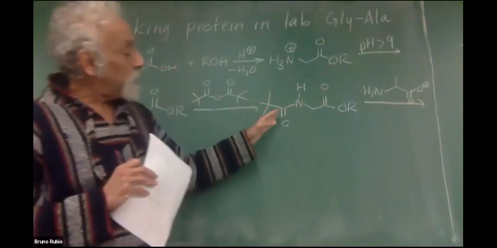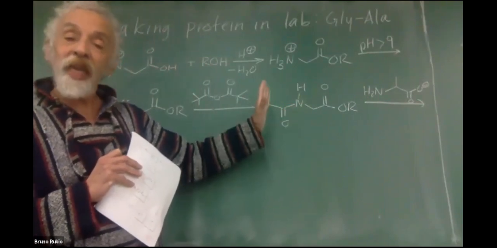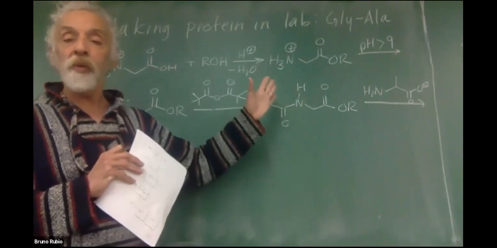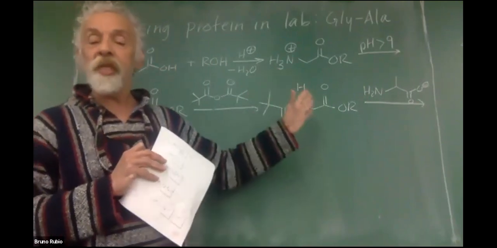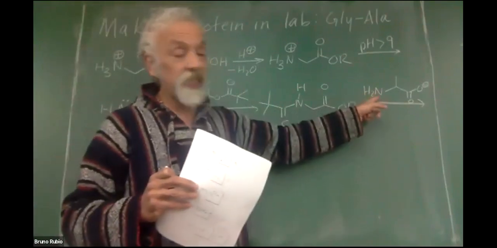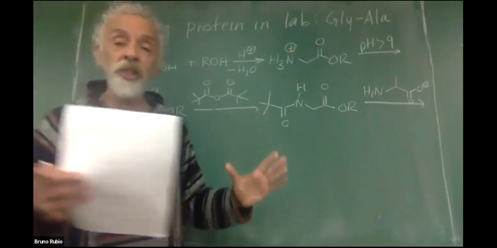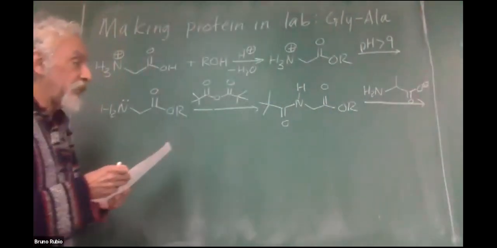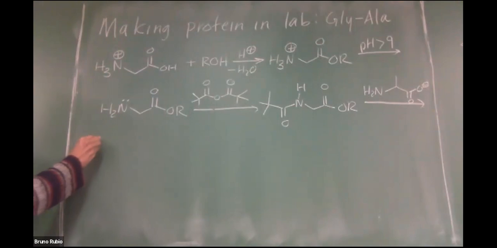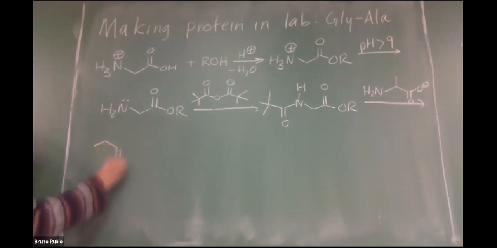So tying up this nitrogen atom over here has solved a lot of the problems that we encountered when we talked about this the last time. We don't get self-reaction. This doesn't react with itself. We don't get that cyclization reaction. So all of our previous problems, or a lot of them anyway, have been solved by this procedure.